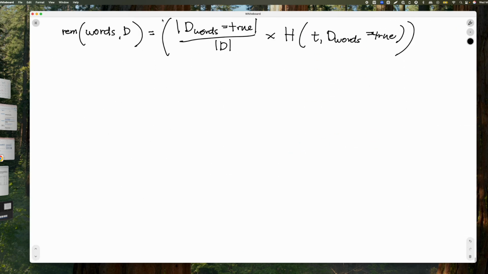Okay, so we will get the values for each descriptive feature for the remainder. So this is not finished yet.